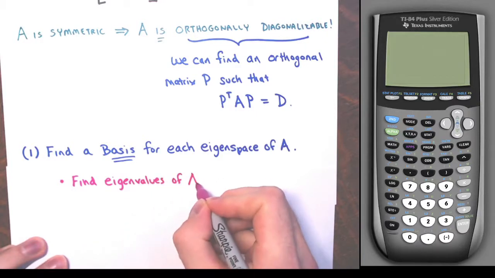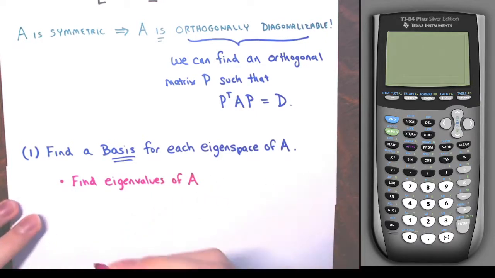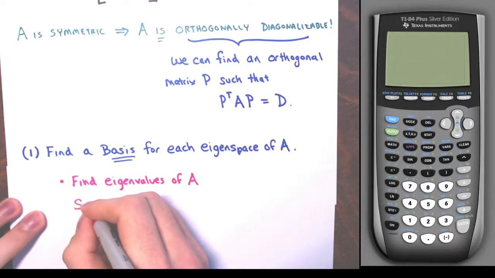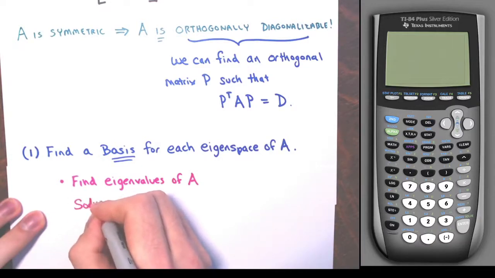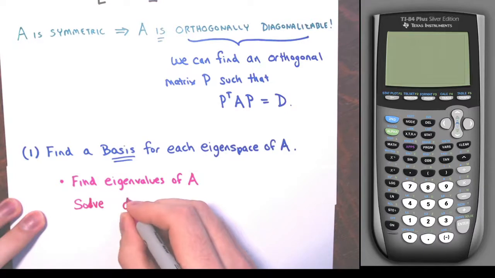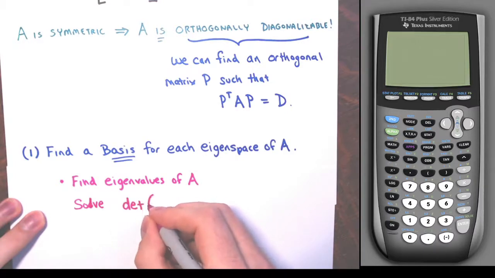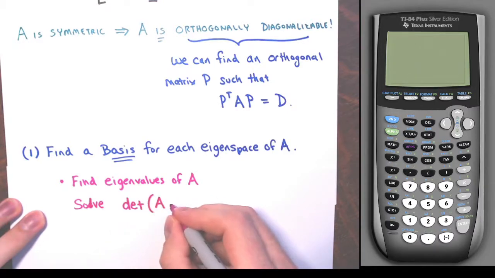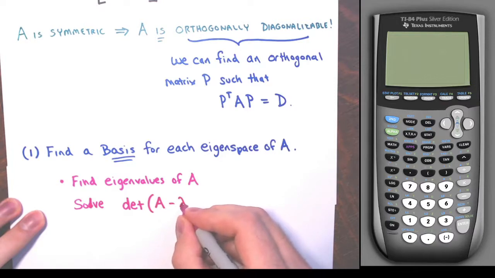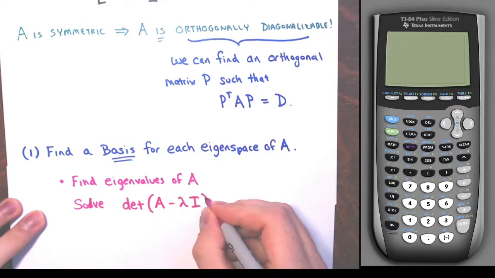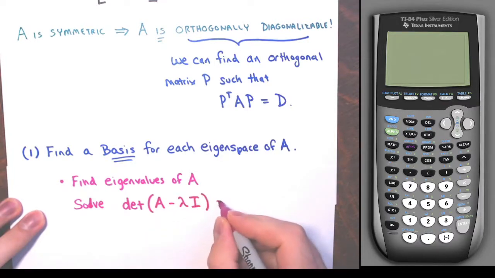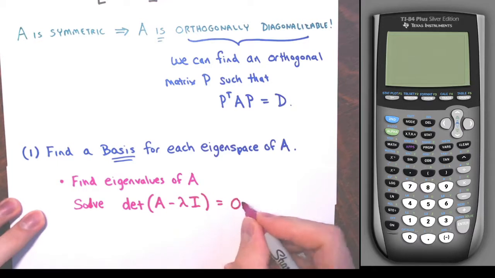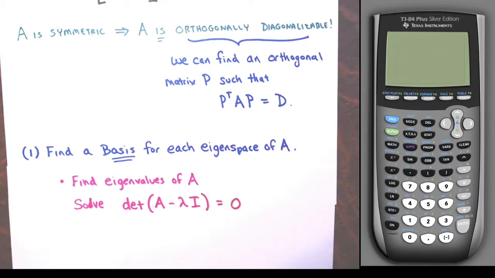Recall how to do that: you're solving the characteristic equation. When is the determinant of A minus lambda times the identity matrix, A minus lambda I, equal to 0? Or when is A minus lambda I a singular, non-invertible matrix?